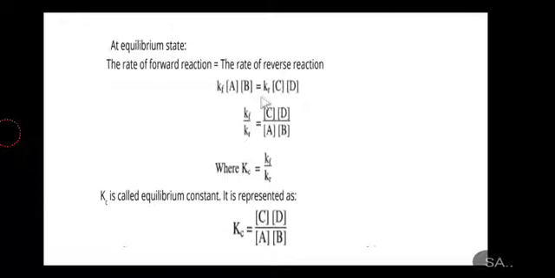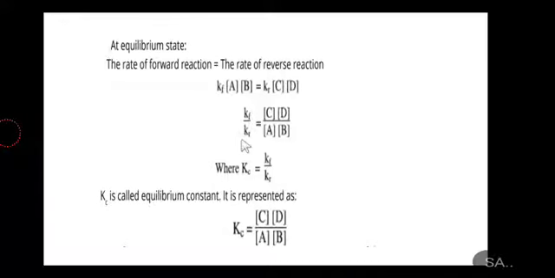If you want to make it simple, Kf will stay here, Kr will be moved here. Since it is multiplying here, it will come to the left side and divide. So Kf upon Kr. Here the molar concentrations of C and D are the same. Now A and B will move here, so it will take the form like this.